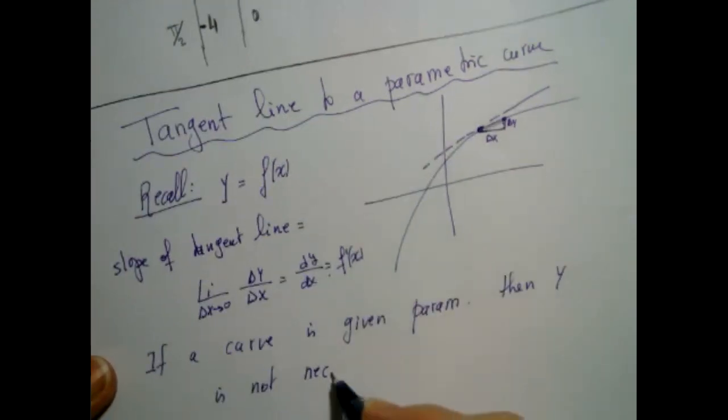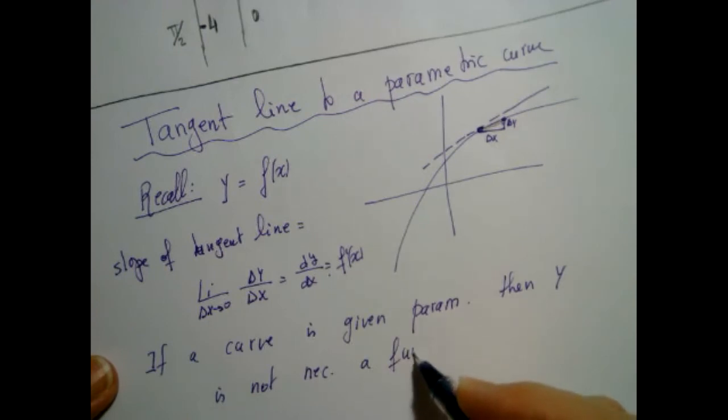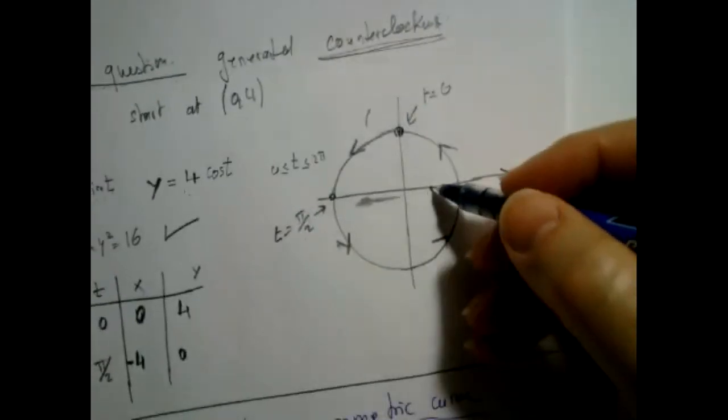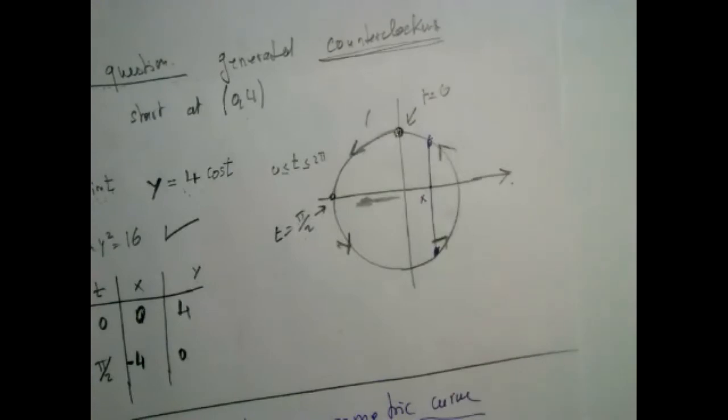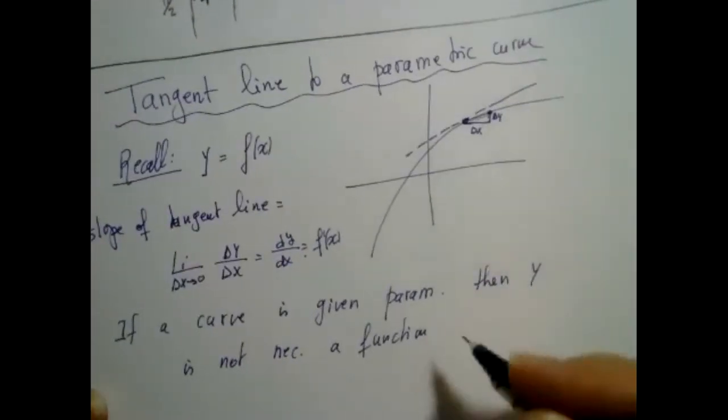Sometimes we have a circle. If we have a circle, like here, y is not a function of x, because for every x, I have 2 y's. So it's not really a function of x.